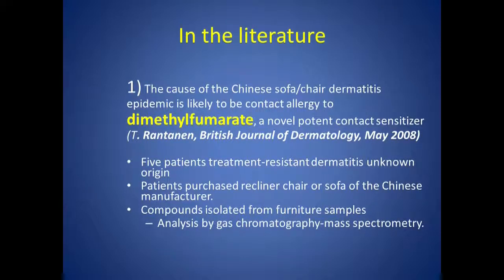And also my friend Denny Sassville in Montreal told me that there's an epidemic in Europe of reactions to couches and sofas that are coming from China. And they found out that the allergen is dimethyl fumarate. It's in those little sachets that they put in the back of the furniture as an anti-fungal agent. And it ended up seeping into the furniture and causing allergic contact dermatitis.